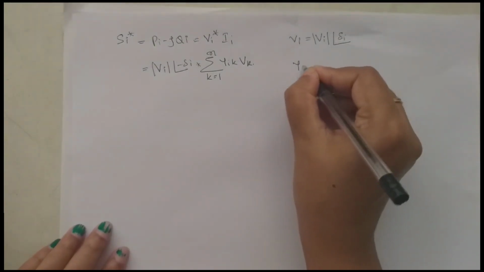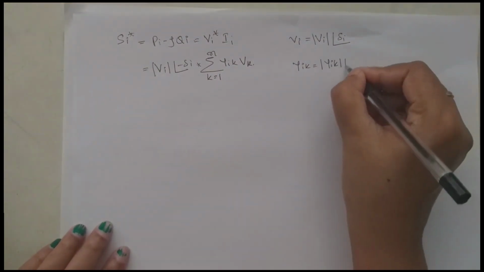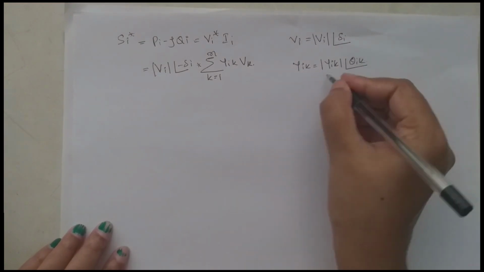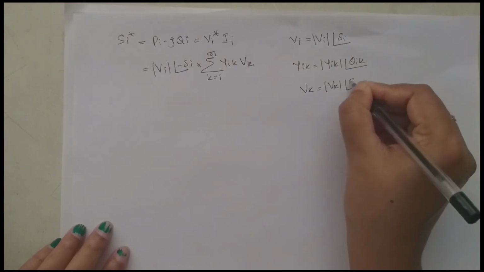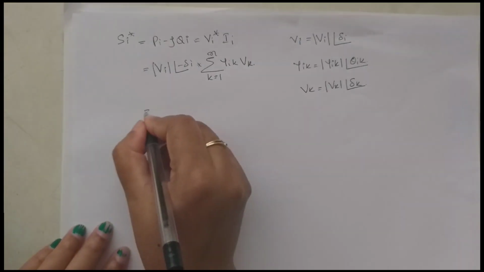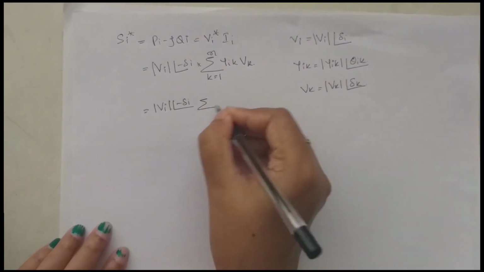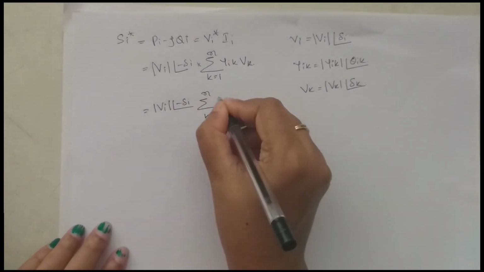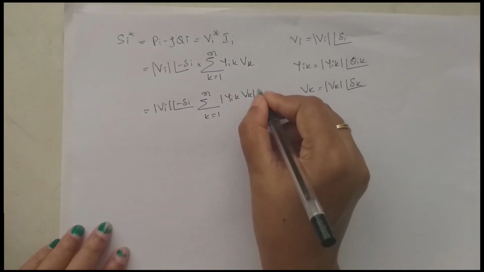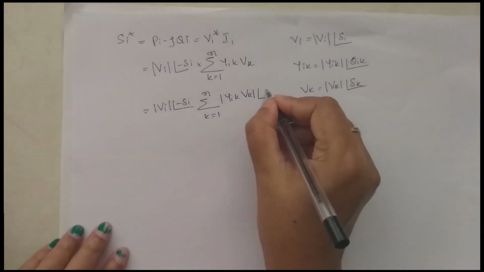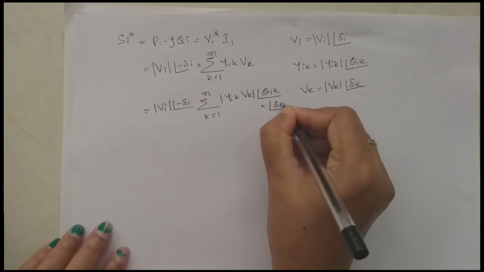Here Yik is equal to the magnitude of Yik at an angle theta ik, and Vk is equal to the magnitude of Vk at an angle delta k. Substituting, we get Vi at an angle minus delta i, summation k varies from 1 to n, Yik Vk magnitude at an angle theta ik into at an angle delta k.